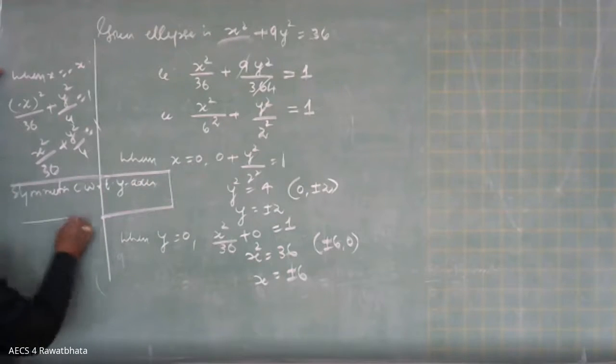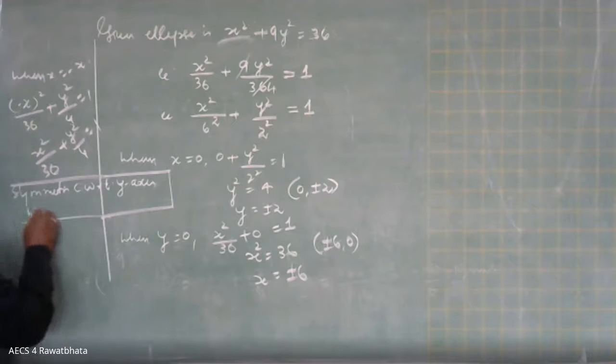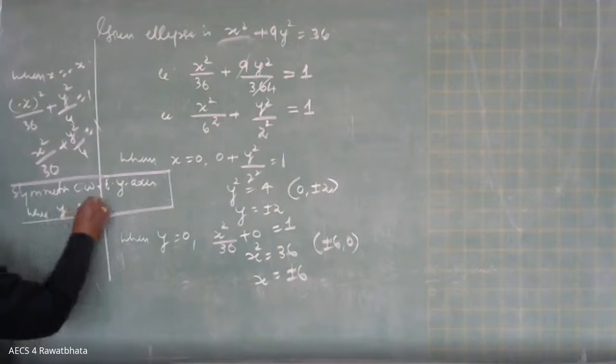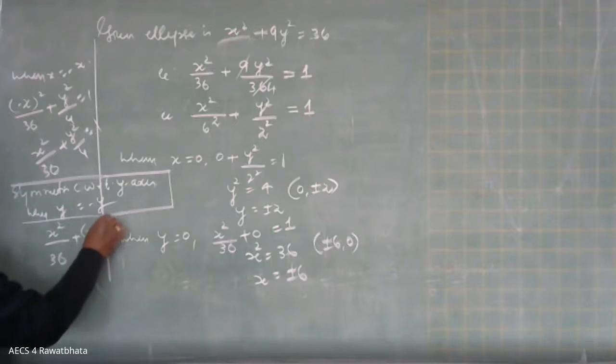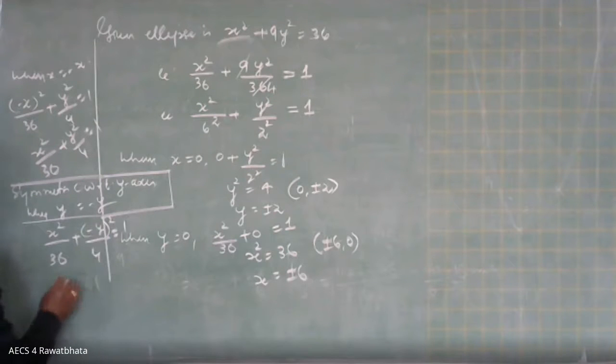And now let us come to the next one. When y is equal to minus y, see the equation, x squared by 36 plus minus y the whole squared upon 4 is equal to 1. Here also positive, there is no change in the equation.